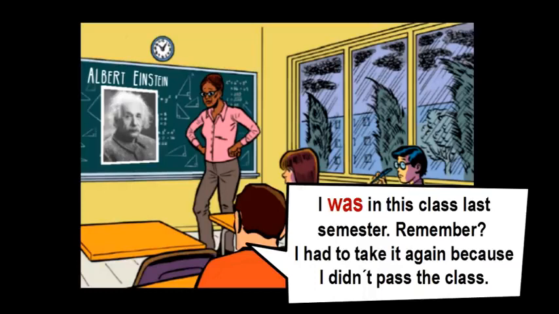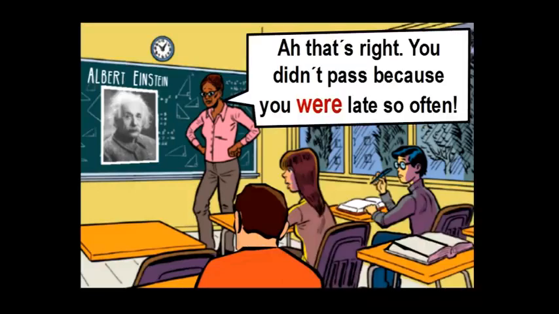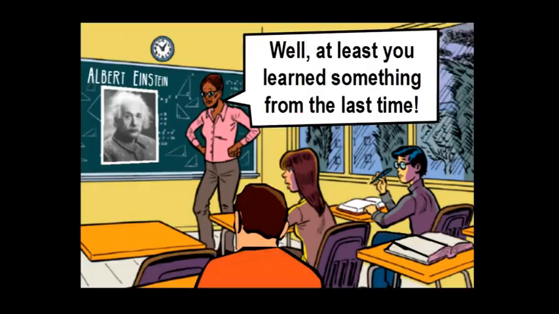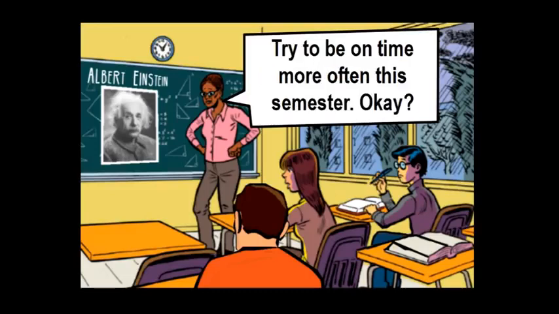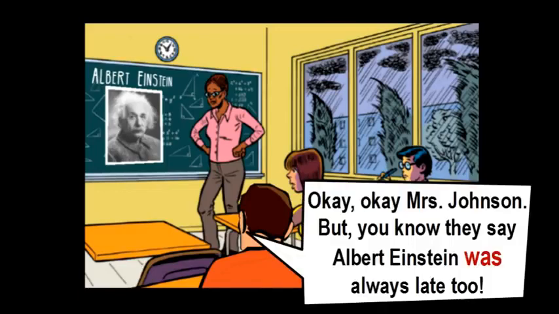I had to take it again because I didn't pass the class. Ah, that's right. You didn't pass because you were late so often. Well, at least you learned something from the last time. Try to be on time more often this semester, okay? Okay, Mrs. Johnson. But they say Albert Einstein was always late too.